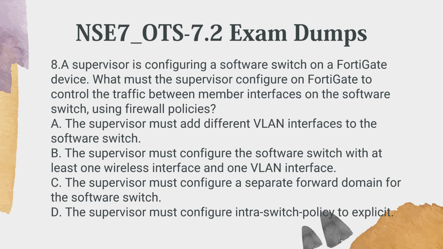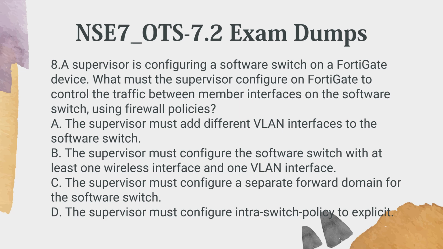8. A supervisor is configuring a software switch on a FortiGate device. What must the supervisor configure on FortiGate to control the traffic between member interfaces on the software switch, using firewall policies? A. The supervisor must add different VLAN interfaces to the software switch.